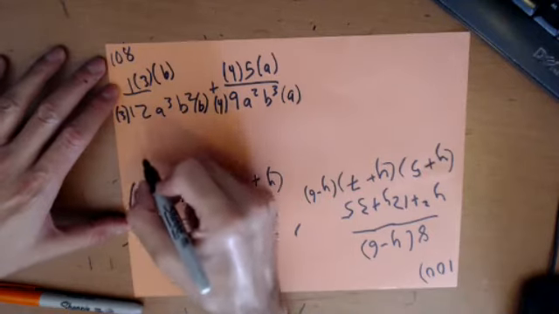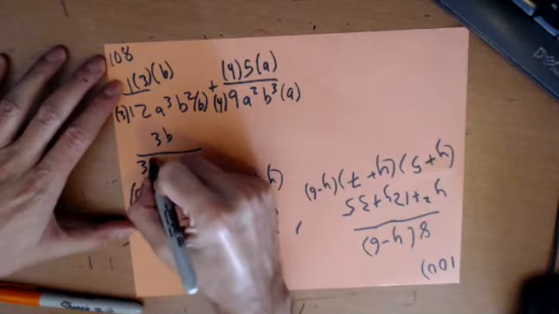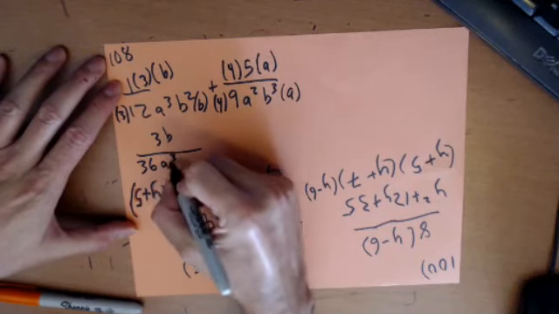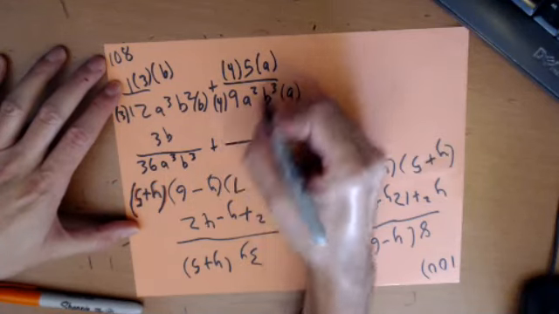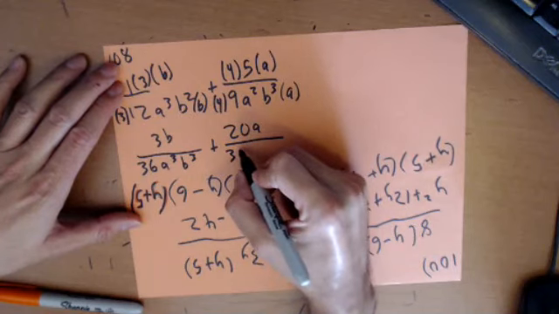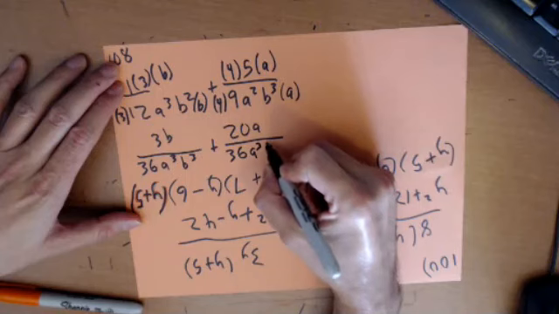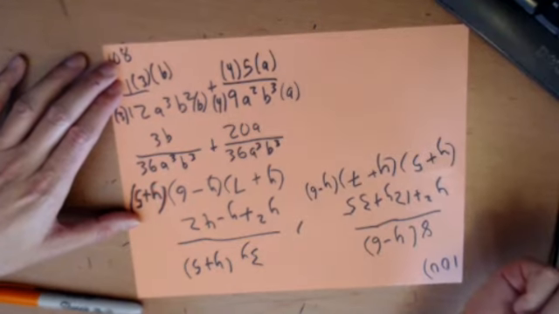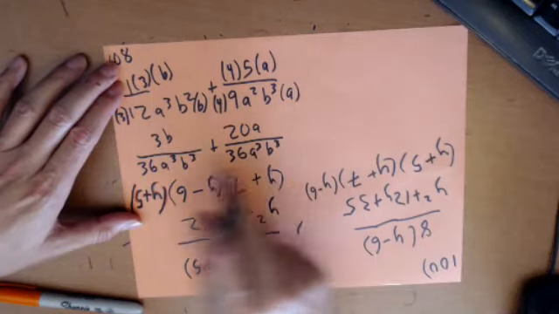Okay, so now if I rewrite things, what you'll see is I have 3b over 36a cubed b cubed plus, up top, 20a over 36a cubed b cubed. The bottoms are the same.